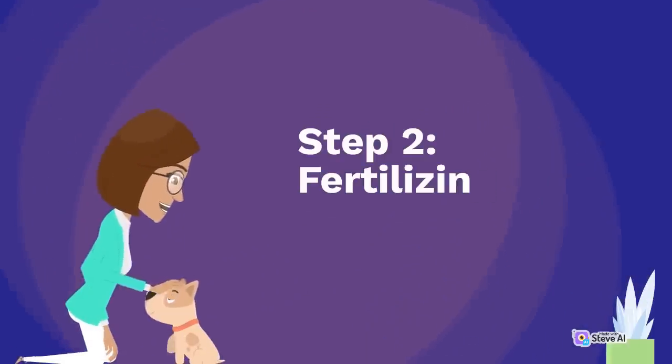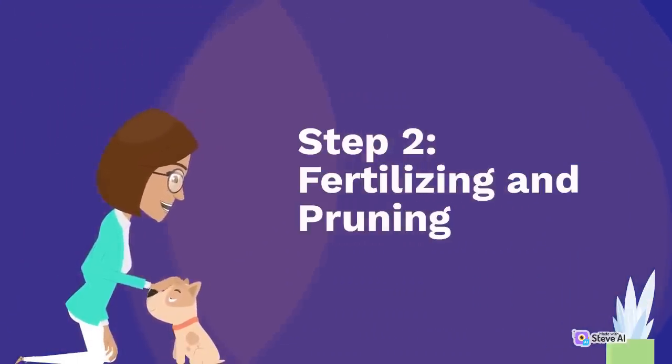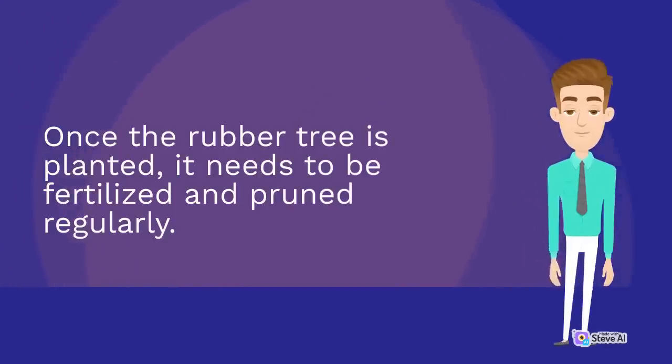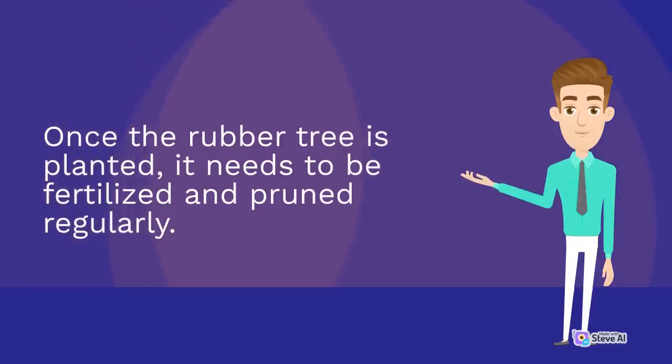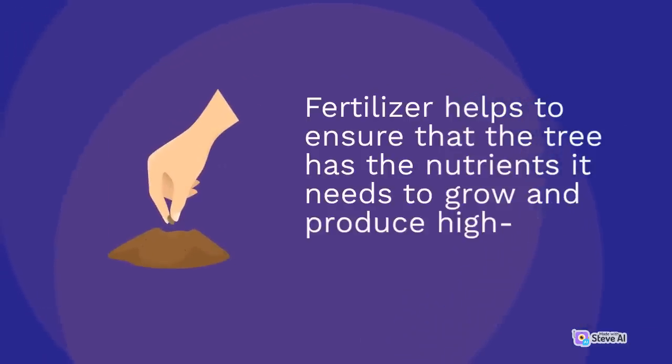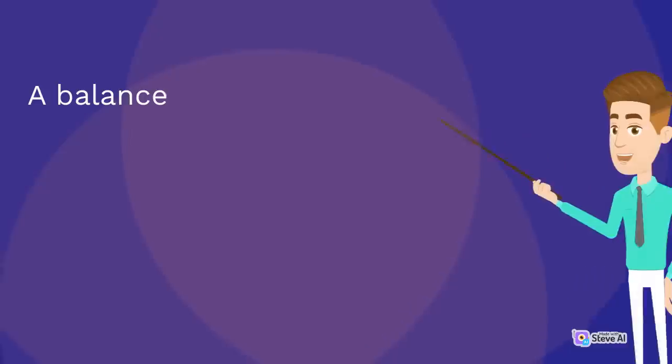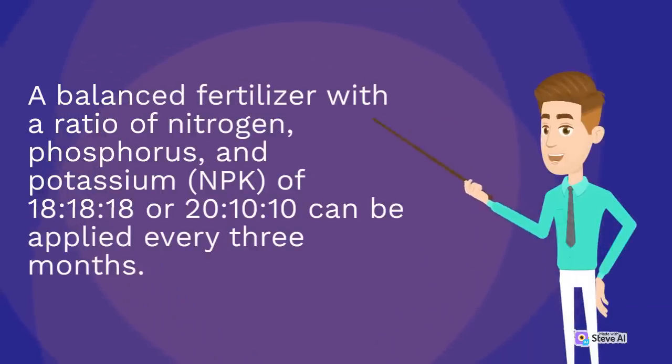Step 2. Fertilizing and pruning. Once the rubber tree is planted, it needs to be fertilized and pruned regularly. Fertilizer helps to ensure that the tree has the nutrients it needs to grow and produce high-quality latex. A balanced fertilizer with a ratio of nitrogen, phosphorus, and potassium, NPK, of 18-18-18 or 20-10-10 can be applied every 3 months.